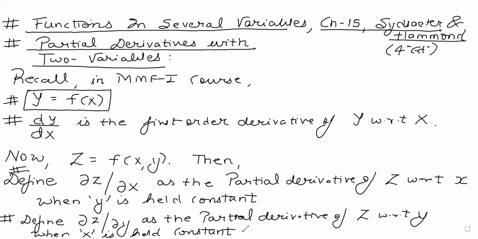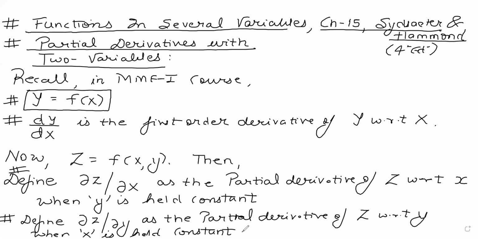So when we talk about del z by del x, it means we are partially differentiating z with respect to x when y is kept constant. And when we talk about del z by del y, we are partially differentiating z with respect to y, keeping x constant.